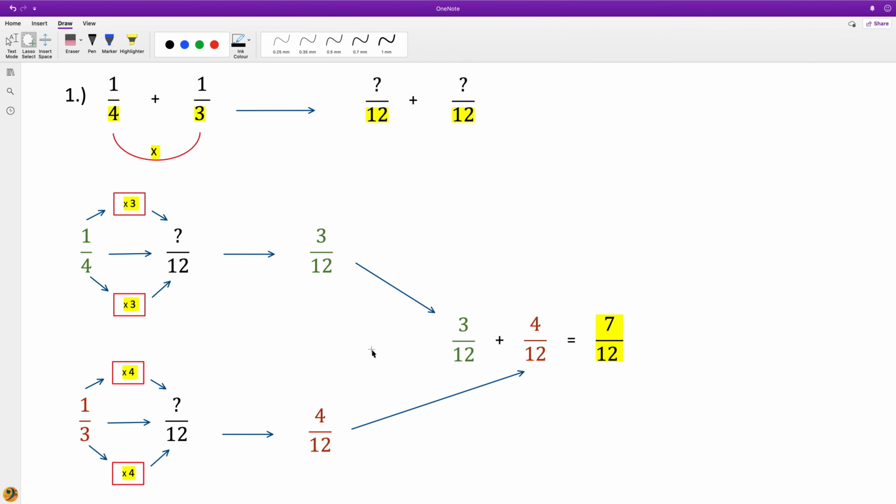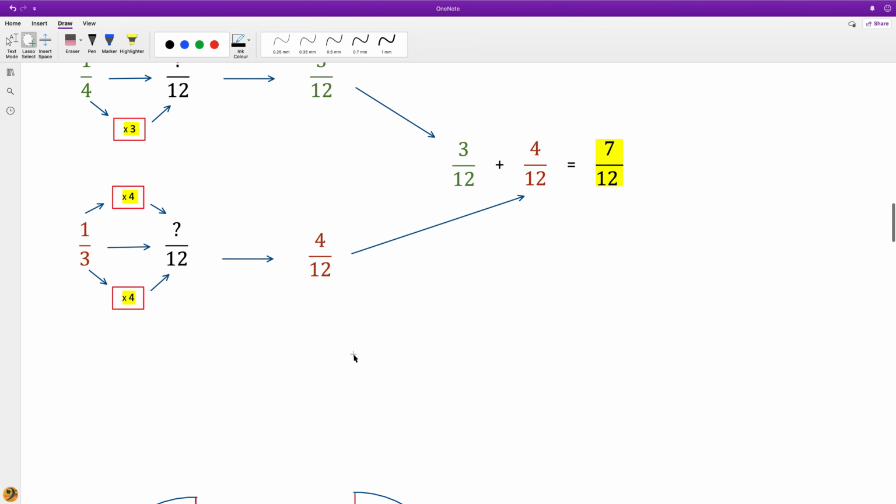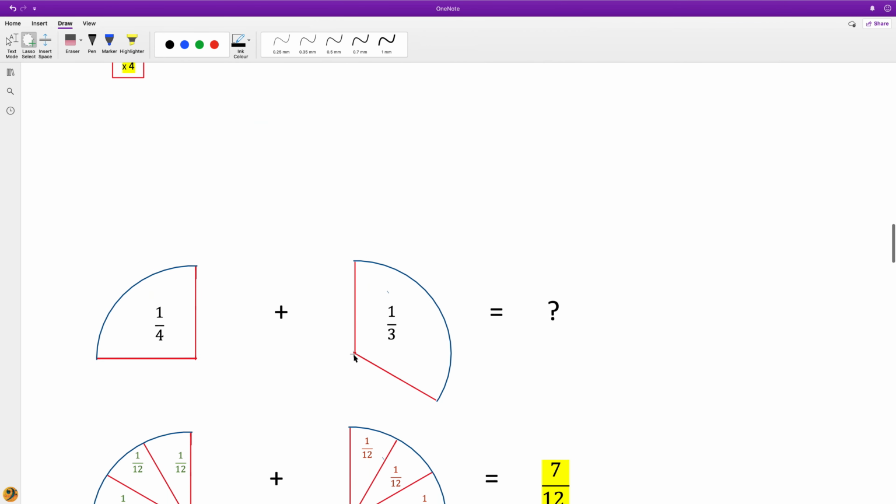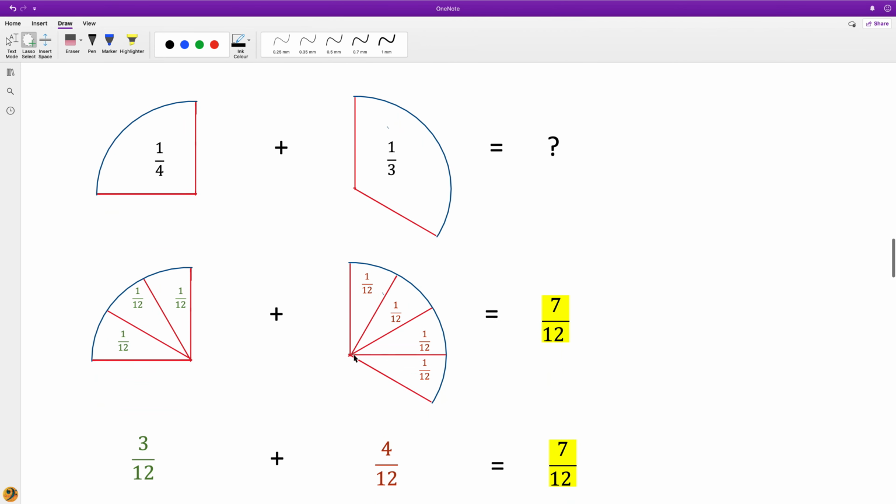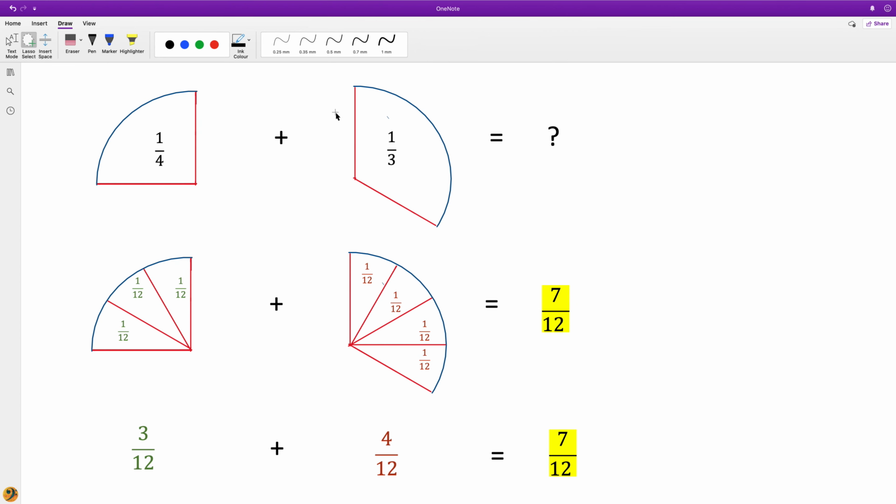Just to make it a bit clearer, we've also given a graphical expression of that. As we started out before, we had this picture of 1/4 plus 1/3, and you can't just add the two together. Now, as we've just shown in the working out, this is a graphical representation. 1/4 we converted into 3 twelfths, as shown here, 1, 2, 3 twelfths.